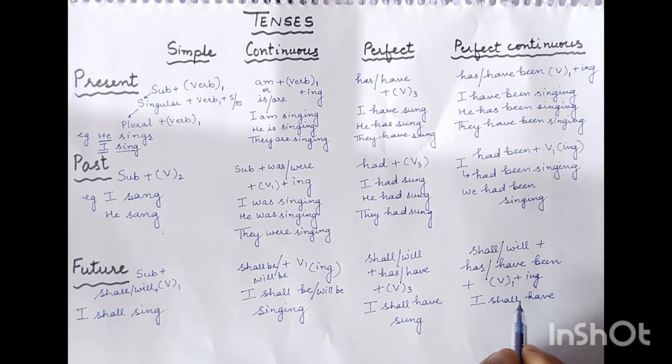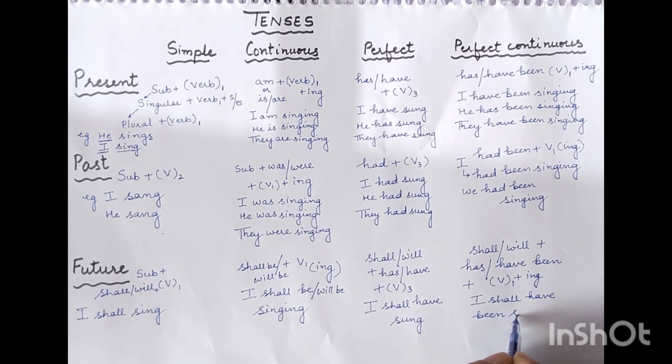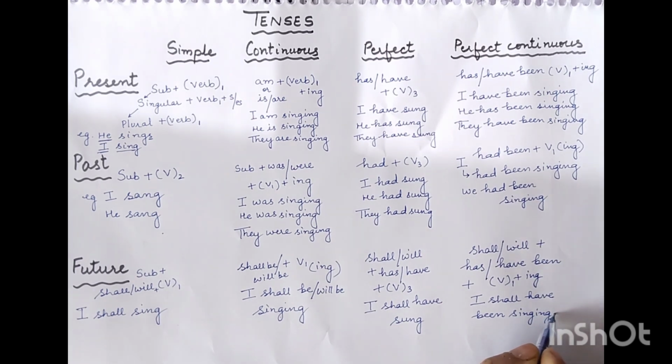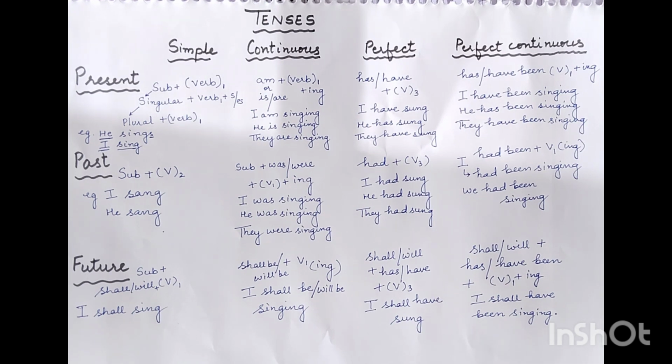For example, I shall have been singing. I have been singing, present perfect continuous. I shall have been singing, future perfect continuous. In this way, you see how easily you can learn the tenses.